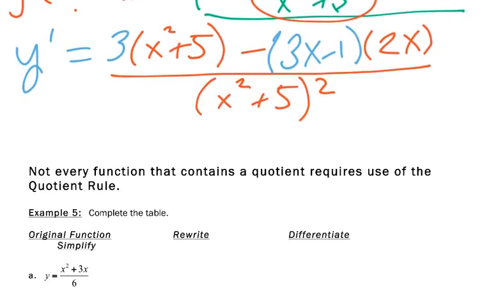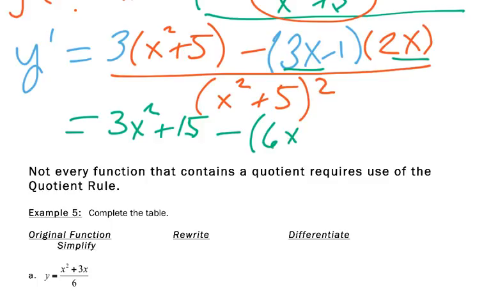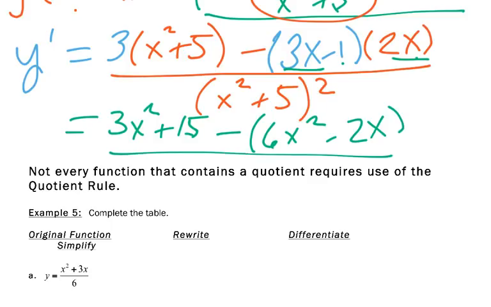All right. Looks like I'm running out of room here. I'll have to go back and erase some stuff in a minute, but let's just proceed. So I have 3x squared plus 15 minus 3x times 2x, which is 6x squared, minus 1 times 2x, so minus 2x, all over (x squared plus 5) squared.